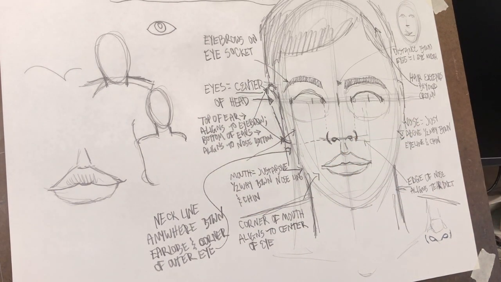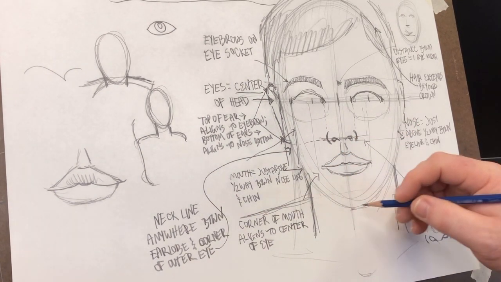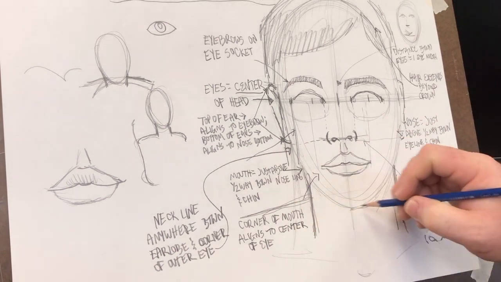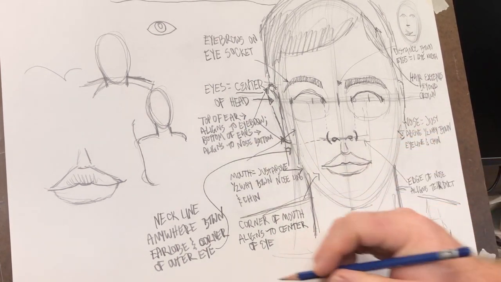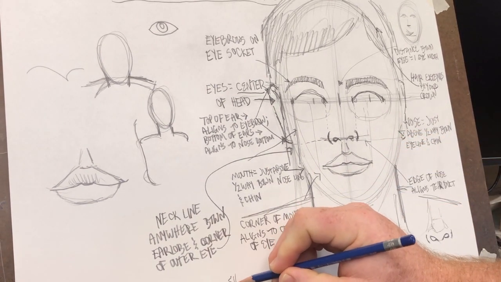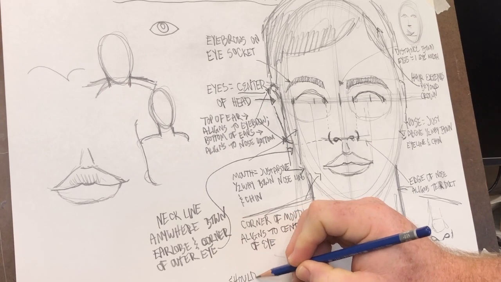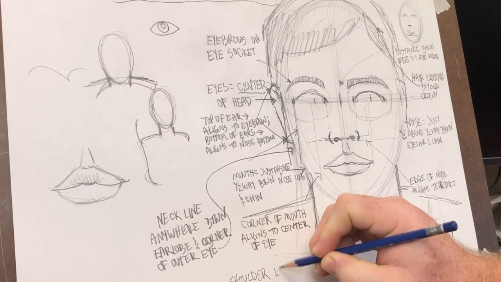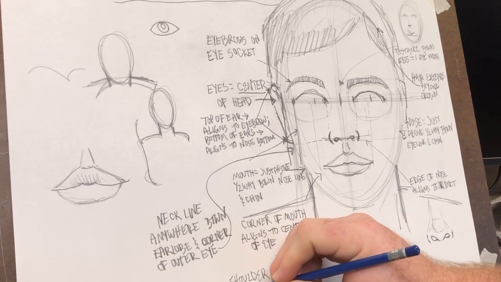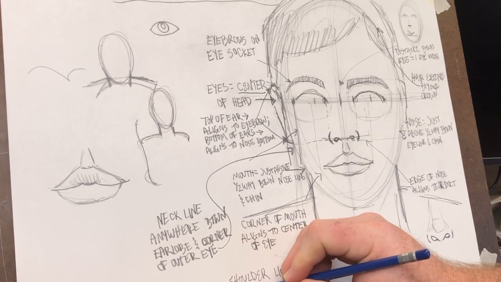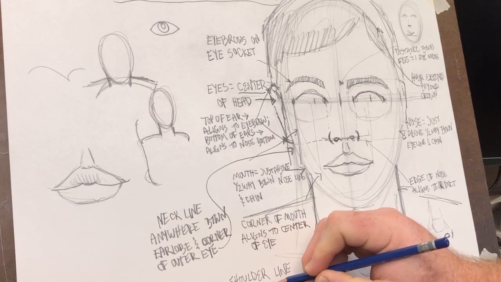So last note, shoulders tend to be along the bottom or right behind the chin. Shoulder line at or above chin when looking straight on.